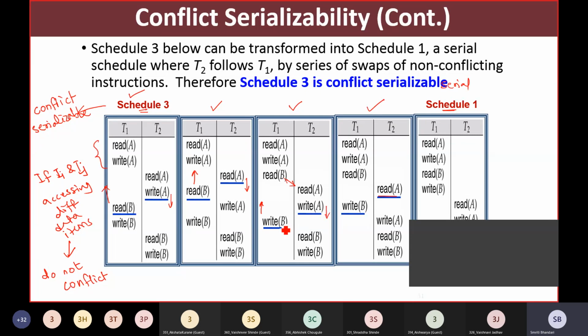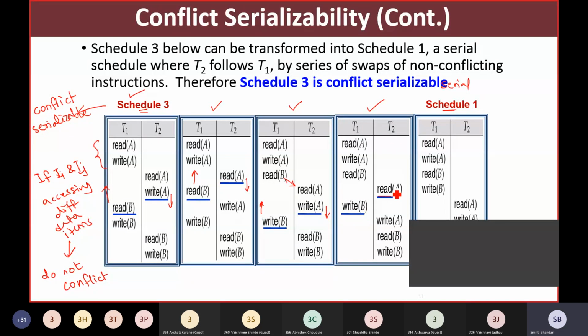Once again, we find that there are these two instructions, write A and write B, which once again do not conflict with one another. Why? Because the data item is different. So once again, we may change the sequence. So write B will be executed first and then write A. Okay? So we come up with this equivalent schedule.